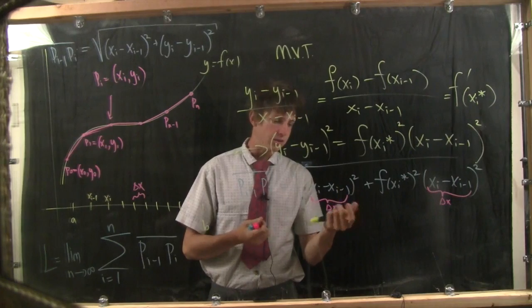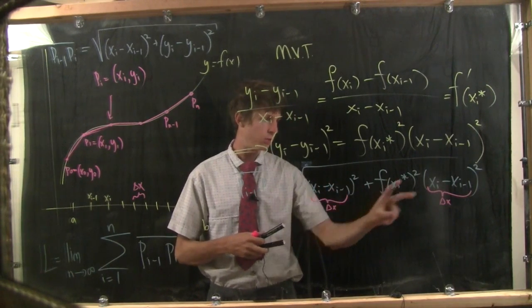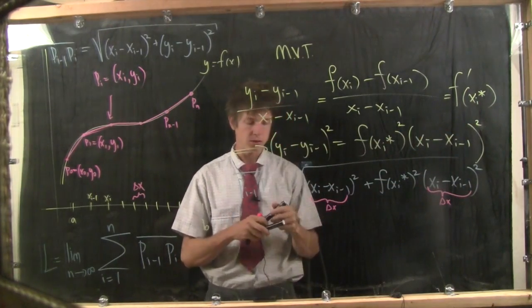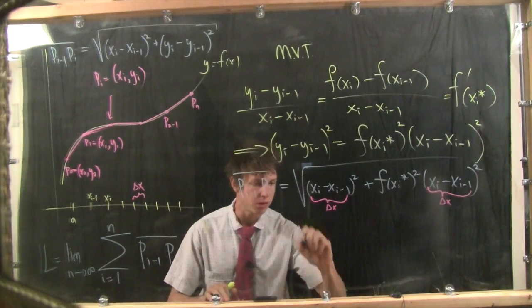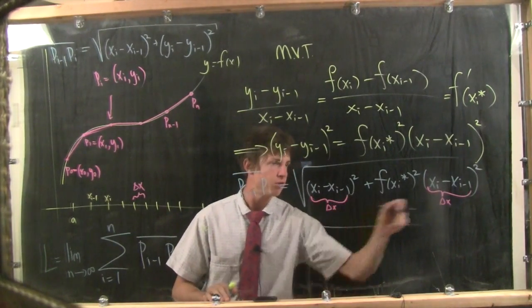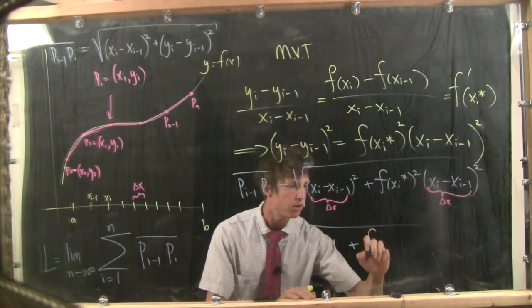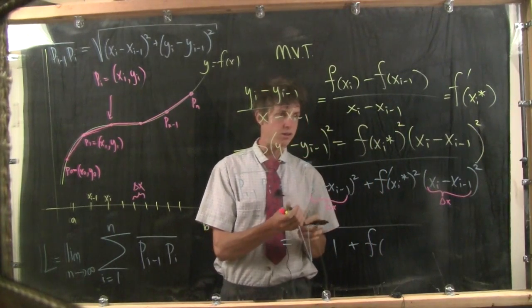Okay, so how can I clean this up? Well, here we have a delta x squared term. Here we have a delta x squared term, so we can pull all of that outside of the radical. So inside the square root, when we pull this out, we'll be left with 1 here. And for this one, we'll be left with f prime of xi star squared. There should have been a prime there, and there should be a prime here.